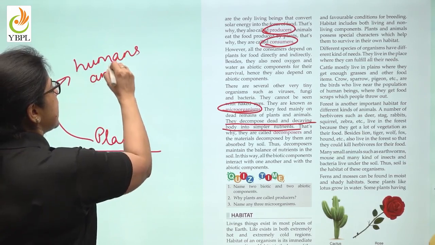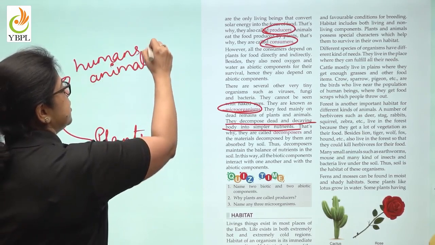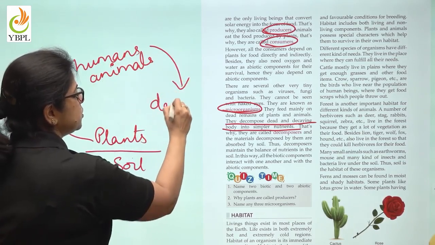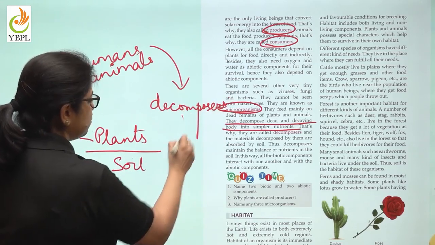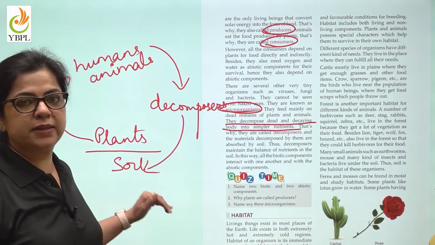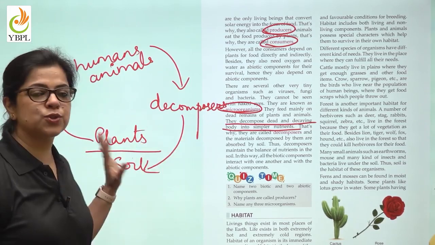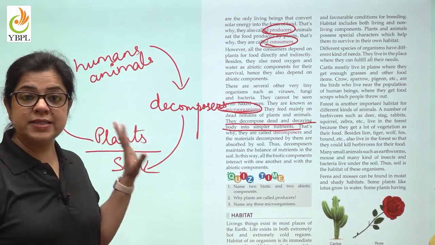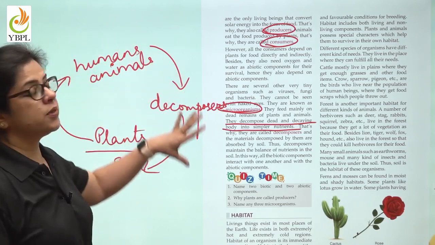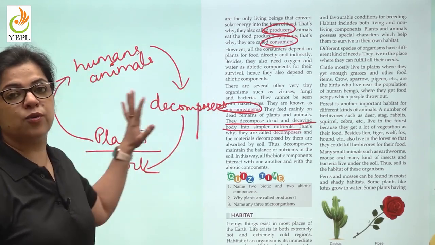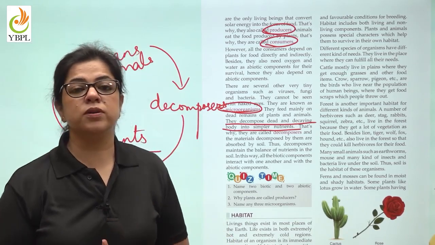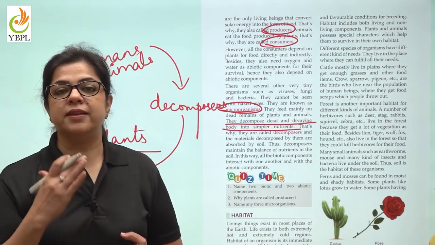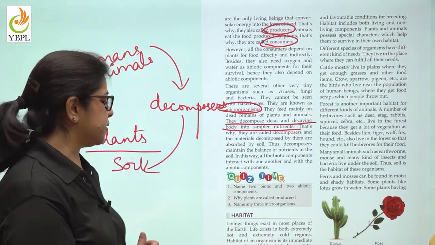Now, when humans and animals die, their bodies are decomposed by decomposers and all the nutrients that were initially taken by the soil are returned to the soil. Thus, we can see that all these components in the entire working of the environment are so important. Their interaction is important and their continuity in the process of life is so important.